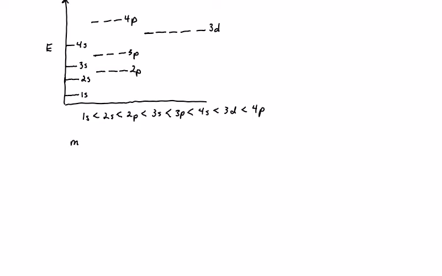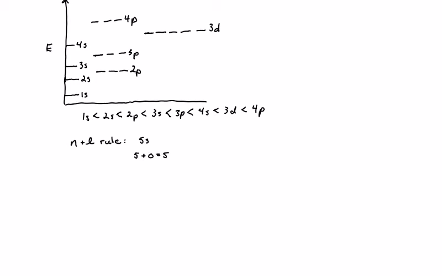One is to abide by the n plus L rule. Okay, so let's say you have a 5s orbital. Well, whoops, it should not be the m plus, it's the n plus L rule. Okay, so if you have 5s orbital, 5 is the value of n. Because we have an s orbital, that means L is going to be equal to 0. So that's going to equal 5.